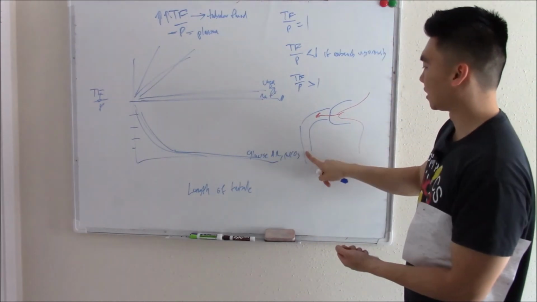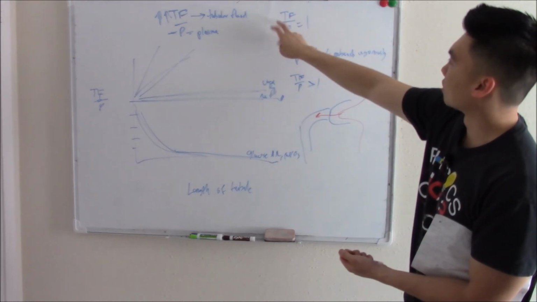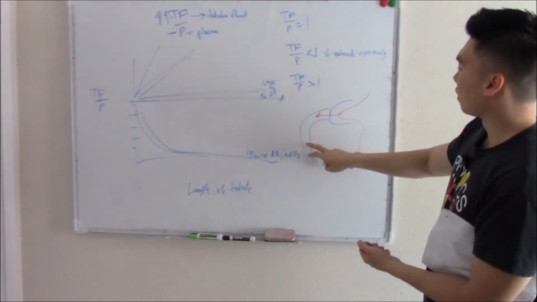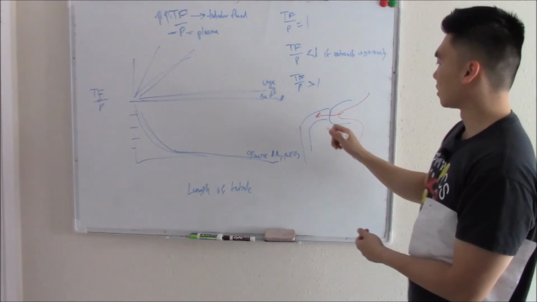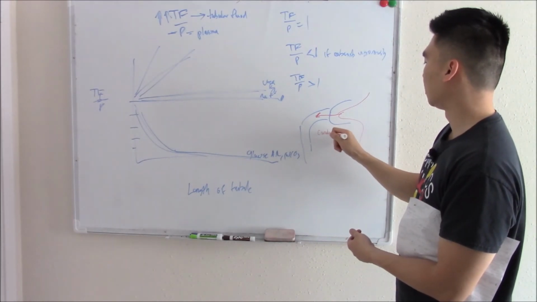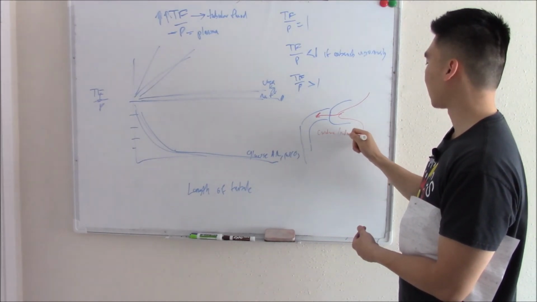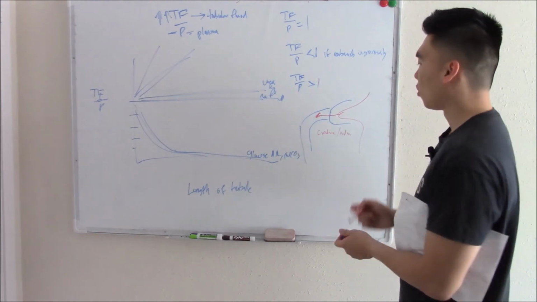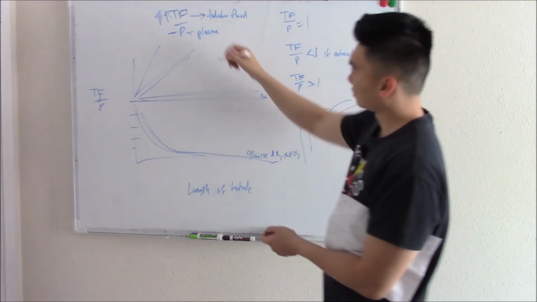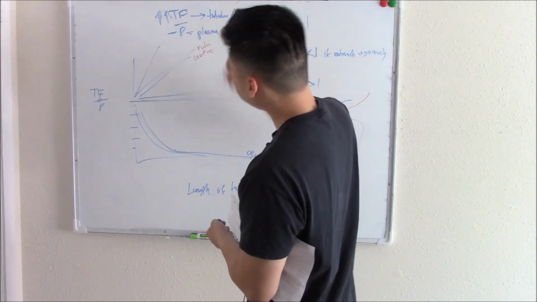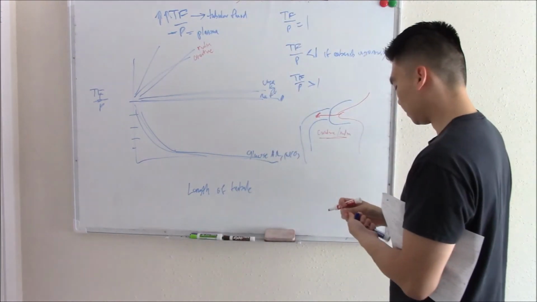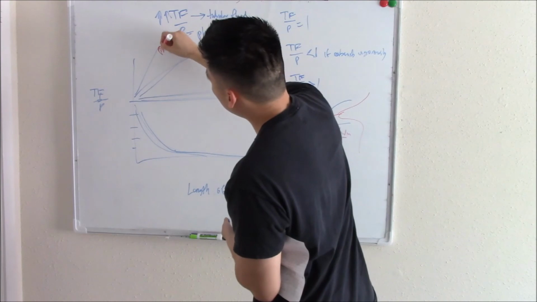All of it stays in the tubular fluid. None of it gets reabsorbed. Things like creatinine and inulin, and in fact, that's why we like it. We like the fact that none of it gets reabsorbed. So creatinine, inulin. And there's one more called PAH.